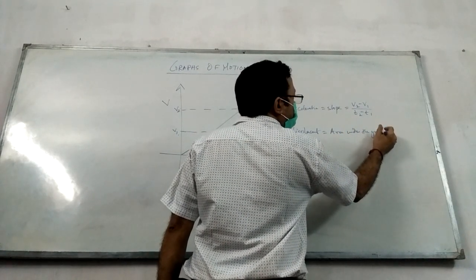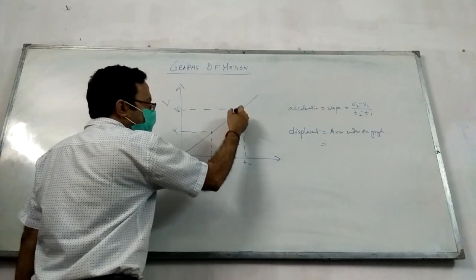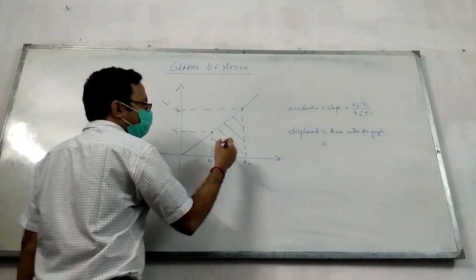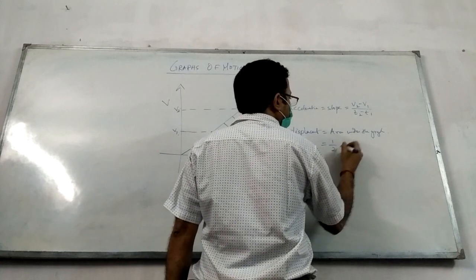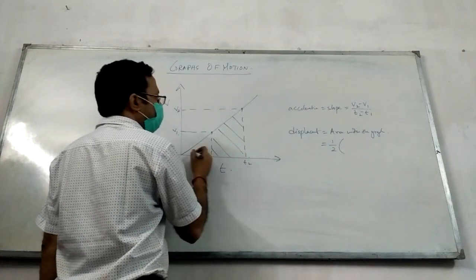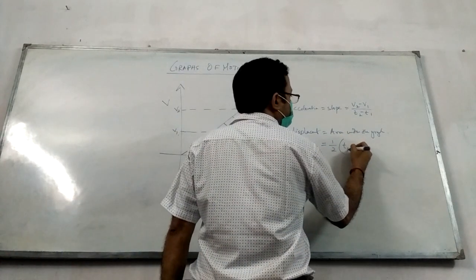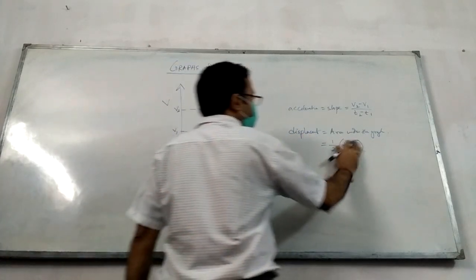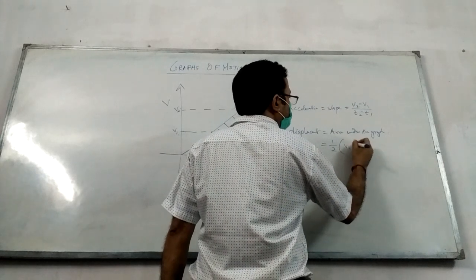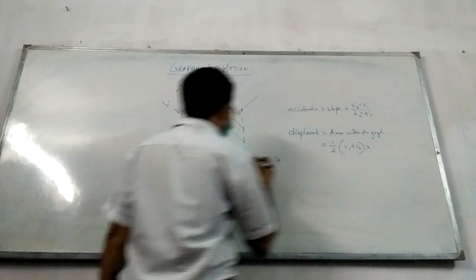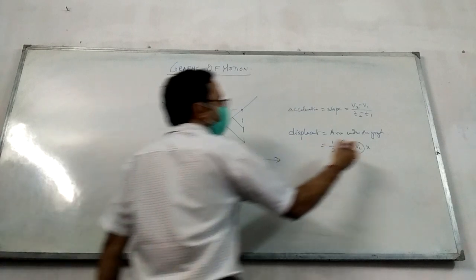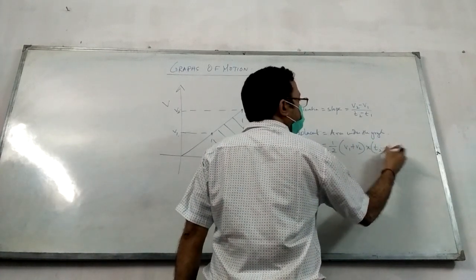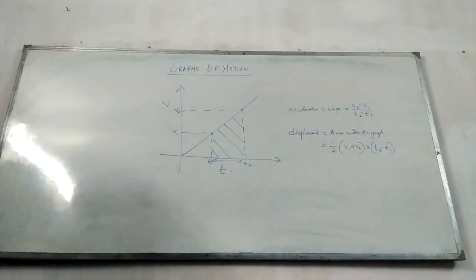Under the graph. So area क्या है? Say if I take out this area, then it will give us half into the sum of the parallel sides, माने v1 plus v2 into the perpendicular distance between them, that is t2 minus t1, that will give you the area under the curve, and area under the curve will give you the distance.